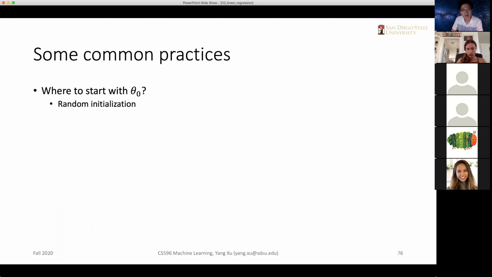Okay, so for the initial values, we basically randomize the parameters. And in this case, it doesn't really matter which specific way we randomize the parameters.